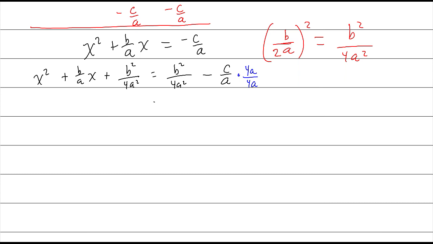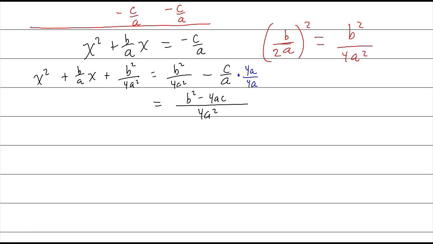Okay, so on the right side, I have b squared over 4a squared minus c over a times 4a over 4a. Those are common denominators, so I could put those together actually. B squared minus 4ac over 4a squared.